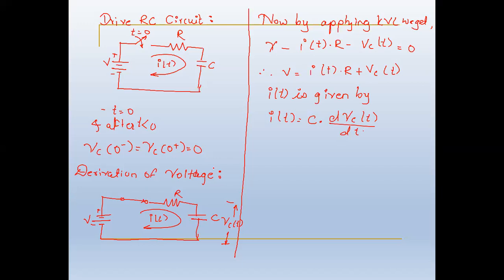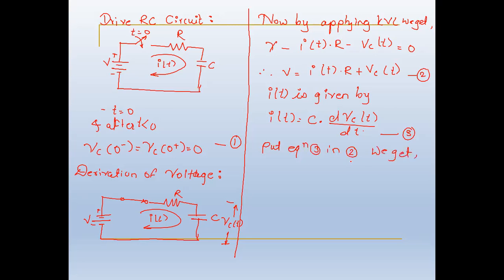Now let us write the equation numbers. This one we'll call equation number 1, this one equation number 2, and this one 3. So let us put equation 3 in 2.